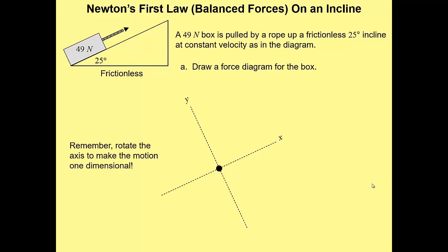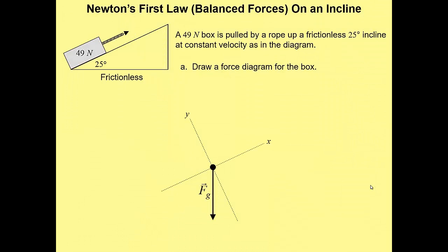Okay, so let's draw our forces. Oh, there it goes. So gravity acts straight down. So it is both parallel and perpendicular to the axis. How much of each? Let's resolve it into its perpendicular components. There's F_gy, perpendicular to the incline. There's F_gx, parallel to the incline. Look where the right angle goes.